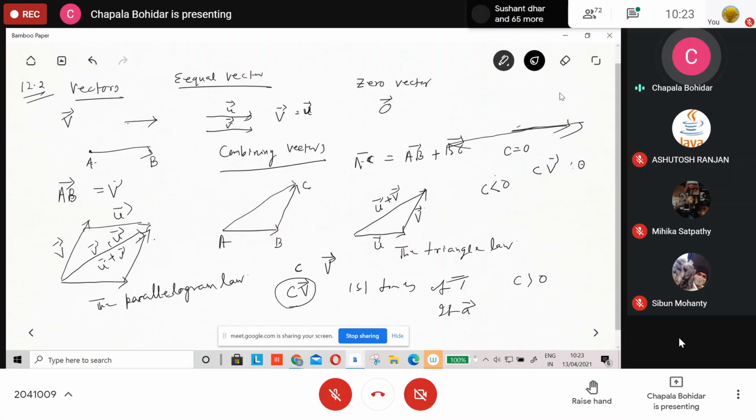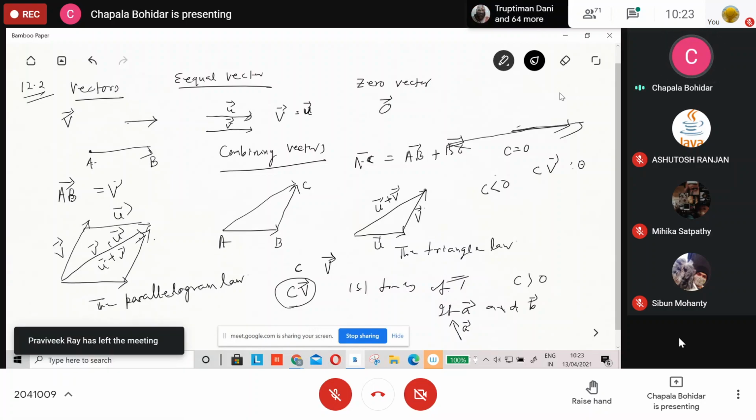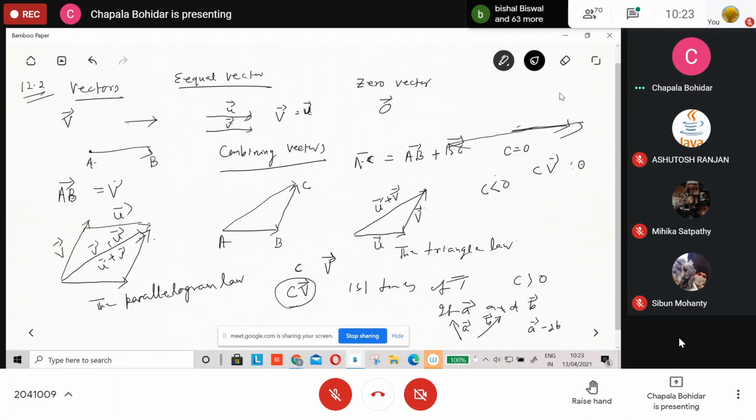Now, for example, if A is a vector and B is another vector, and A is shown like this and B is shown like this, draw a figure for A vector minus 2B vector.